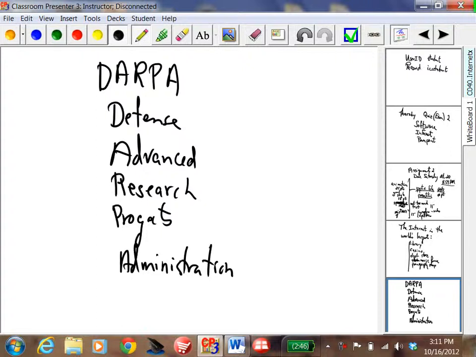And so it's part of the Department of Defense. It's a research section of the Department of Defense.